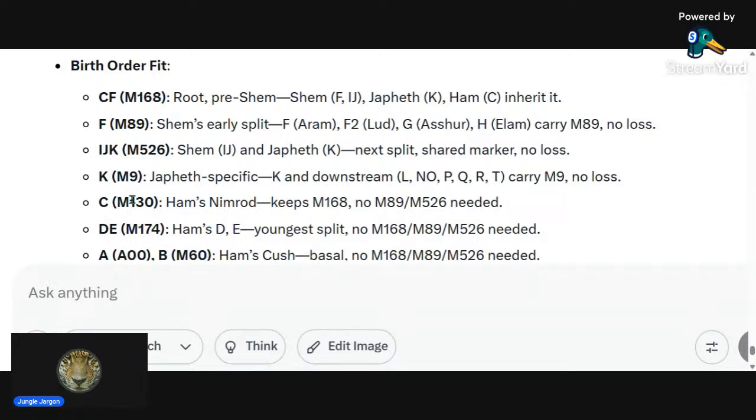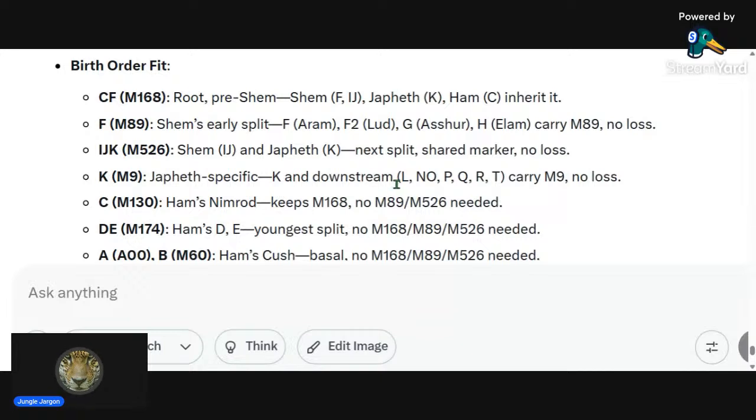C-specific SNP is M130, Ham's Nimrod. Keeps M168, which is the universal one. No M89 and no M526. So either Ham lost it, didn't have it, or the later descendants, Cush and Nimrod, didn't have it or lost it.